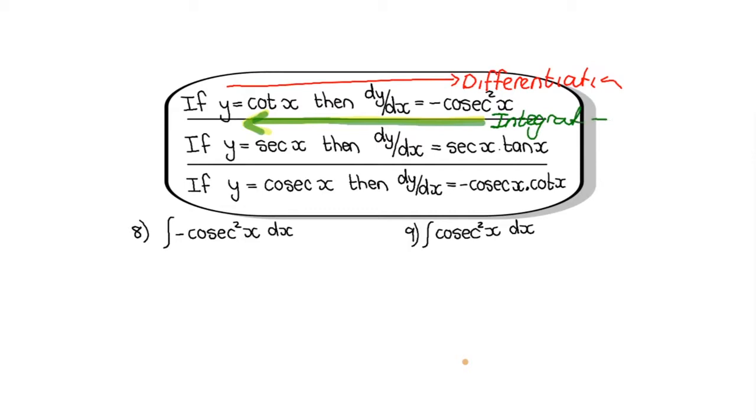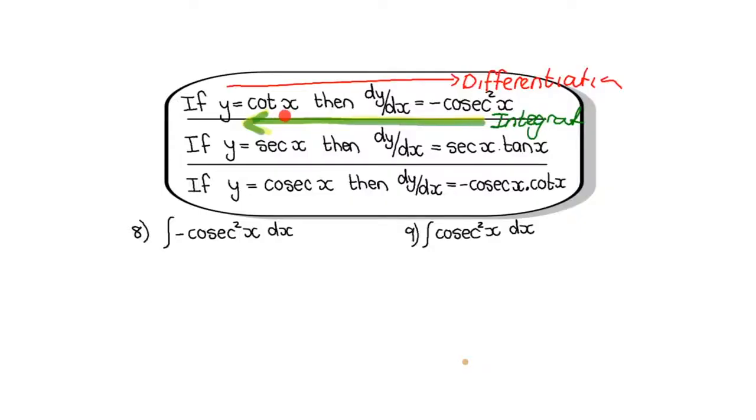So it might be that I get a question like, what is the integral of negative cosec squared x dx? But if I check through the list of integration rules, I don't see a rule to be used. But if I check my differentiation rules, I can see that if I differentiate cot x, the answer of differentiation will be negative cosec squared x.